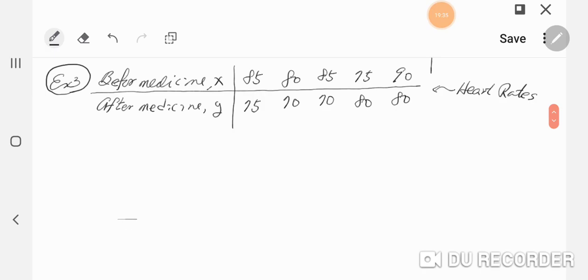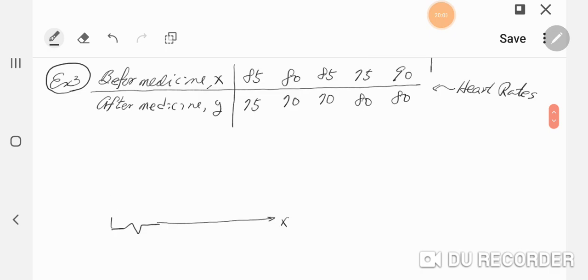In this case, we don't have a negative heart rate, so we will start from 0. As you go to the right, we will cut the line a little bit. This zigzag mark means we cut some part of the line and then go straight to the right. So this is x, the x values, the heart rate before taking the medicine.